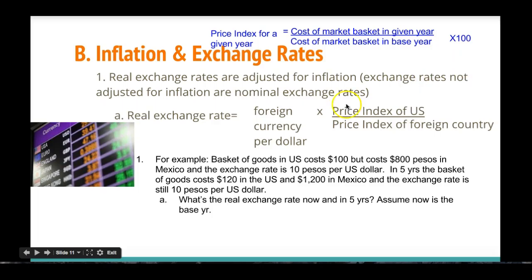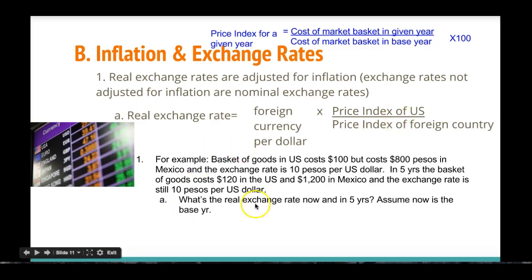What about in Mexico? In Mexico, it costs 800 pesos. So the cost of the market basket in the given year is 800. Now is the base year, so we're dividing by 800, times 100. So 800 divided by 800 is 1, times 100 is 100. So the price index of the US is 100, and the price index for Mexico is 100.